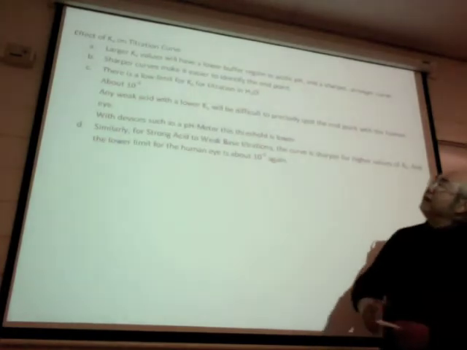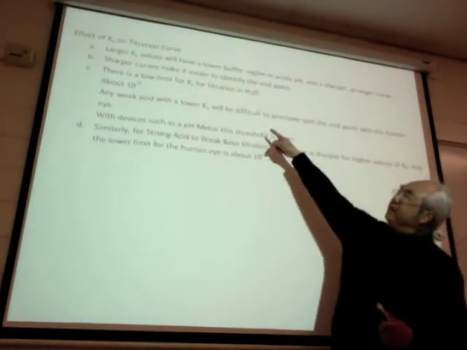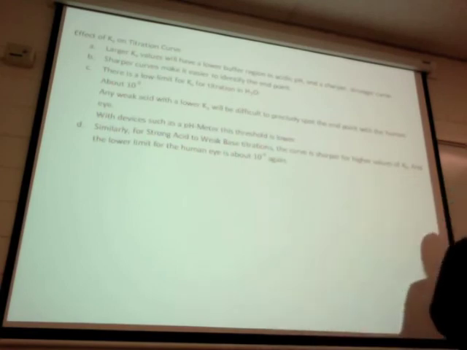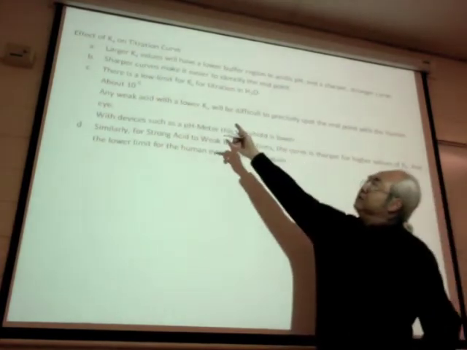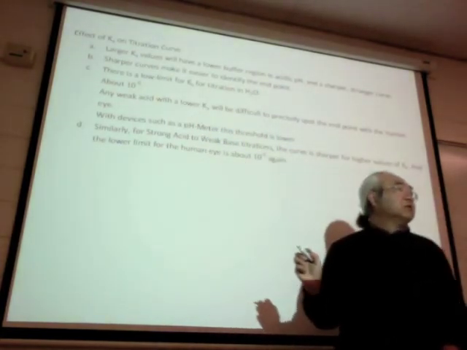Then you will say that, following A and B, how low can you get and still be able to see the endpoint? All right, so things like this, then the endpoint may become fuzzier and fuzzier. So it turns out that for human eyes, the low limit is about 10 to the minus 6. Lower than that, if you do a 10 to the minus 7, then you may not see the color change.